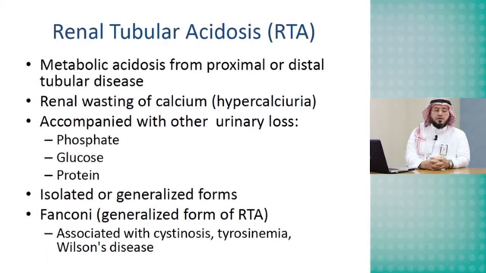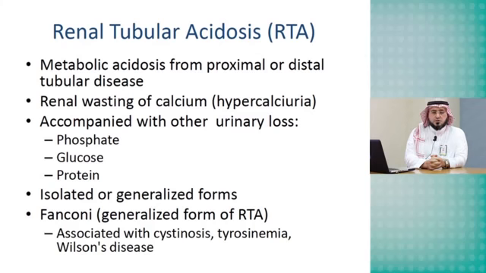That's why it is very important to understand this disease, and very important for you as medical students to read about it, because in this disease we can find a lot of problems, not only rickets. Rickets is one of the problems associated with this disease.